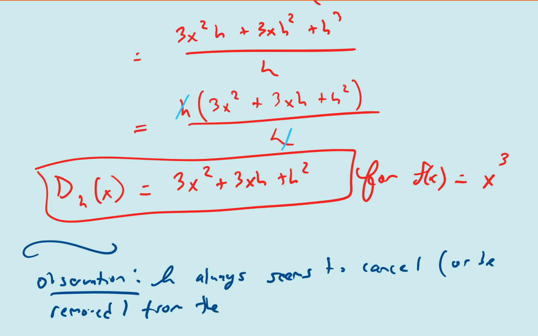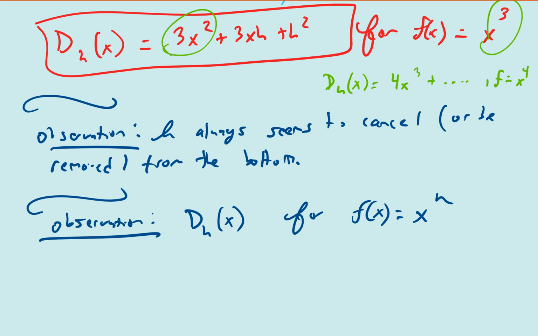And you may even want to try it yourself, that D_h(x) is going to be equal to 4x cubed plus some stuff if you let f be equal to x to the fourth. Namely, the exponent comes down in the front and the exponent drops by 1.